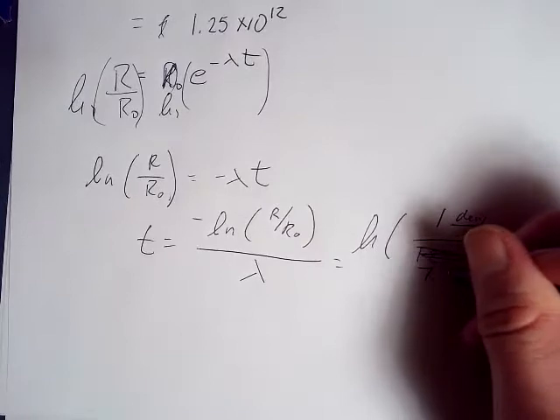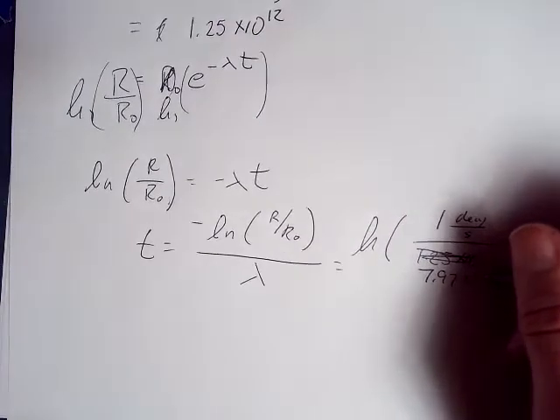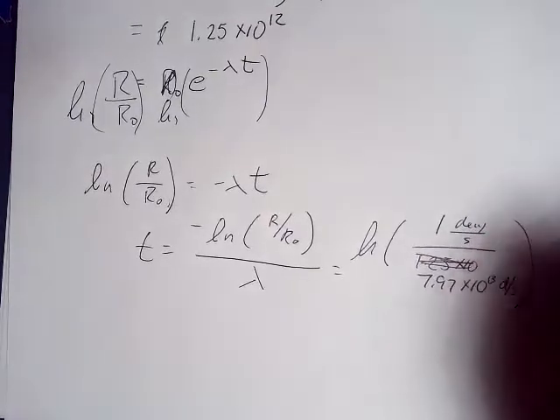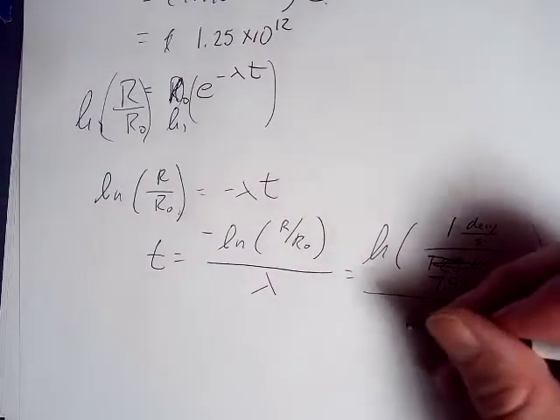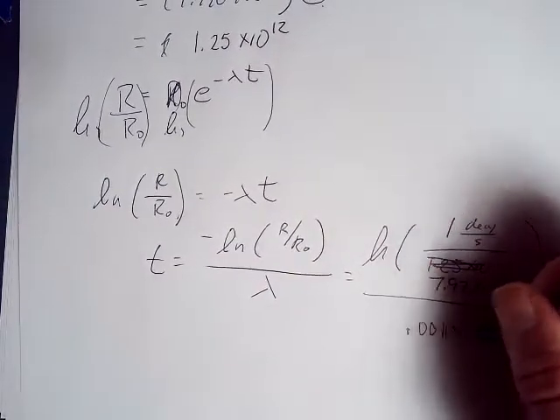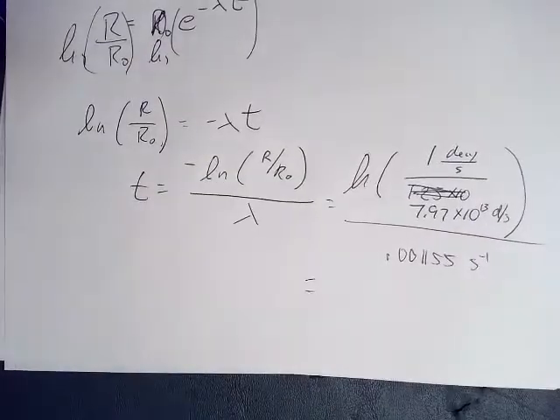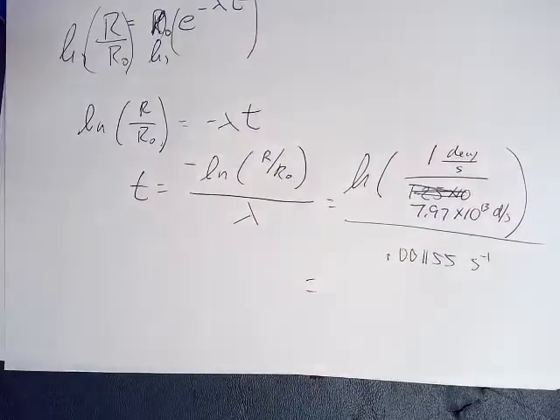So over lambda, this 0.001155. The units get all tricky here. Basically, take this ratio first, then take the natural log.